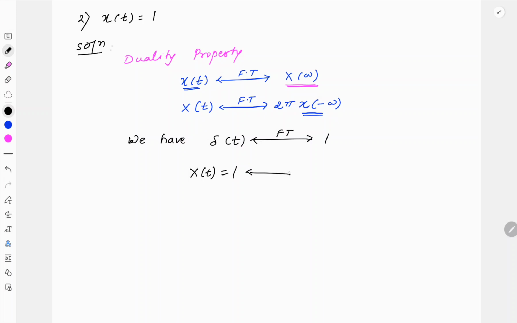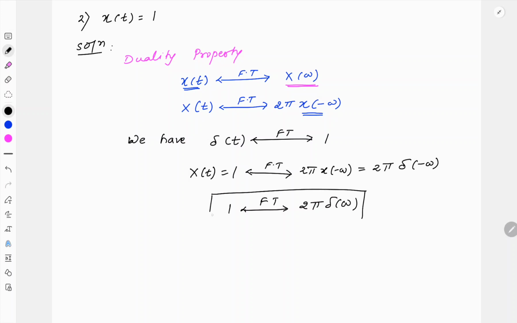Now for this equation the right hand side is 2 pi x of minus omega, which will be equal to 2 pi delta of minus omega. But as we know, the impulse function is symmetric, so the Fourier transform of 1 is simply 2 pi delta of omega. So this is how we can make use of the duality property.